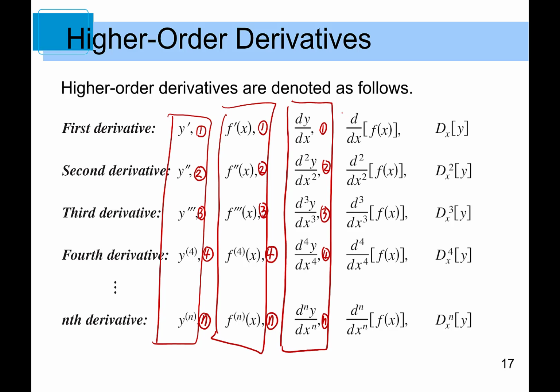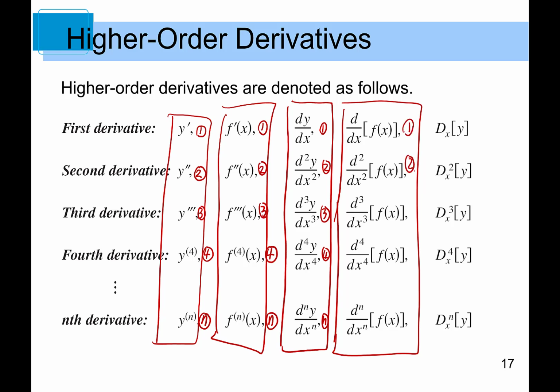Okay, we have several different ways of writing this. This is another way of writing that: d over dx of f of x, d squared over dx squared of f of x, d cubed over dx cubed of f of x, which are the first derivative, second derivative, third, fourth, and nth, right?